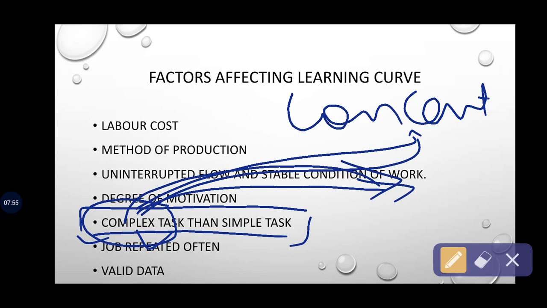If the teacher, in the beginning only, makes the student aware that this specific method of solving the problem, or this specific formula, is a bit difficult, students will be more aware and concentrate more on the lecture, right? Like that only, in a company, in manufacturing, or in any kind of business organization, if employees get to know about some complex things, they will concentrate more on those things.